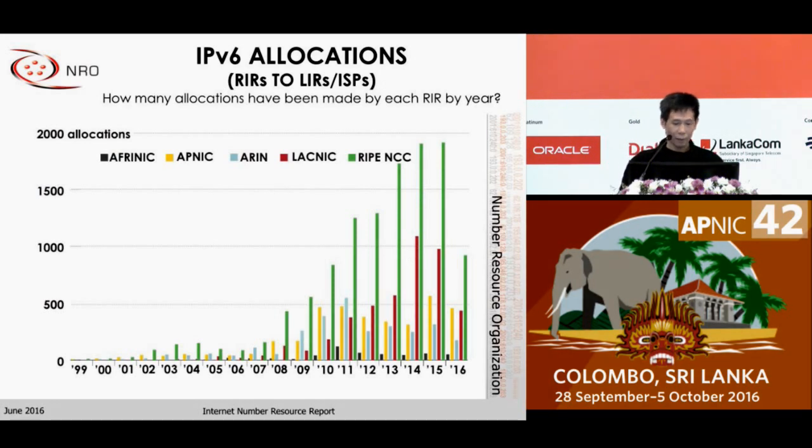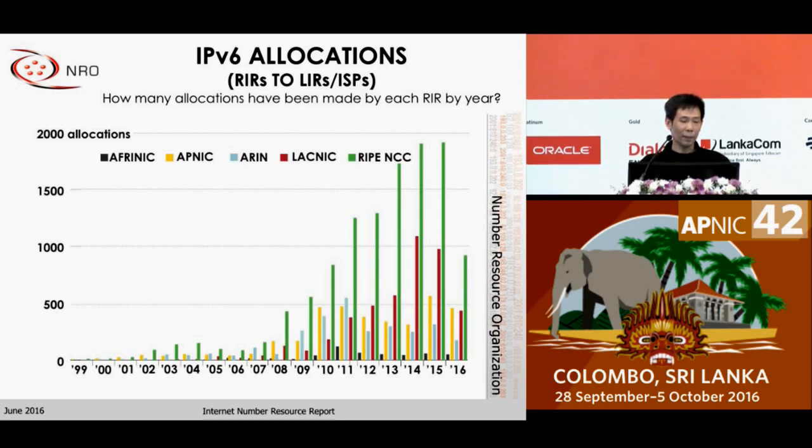Now, the RIRs started to make IPv6 allocations in 1999. However, in the first 8 years, there were not many IPv6 allocations. From 2008, people started talking about IPv4 exhaustion.